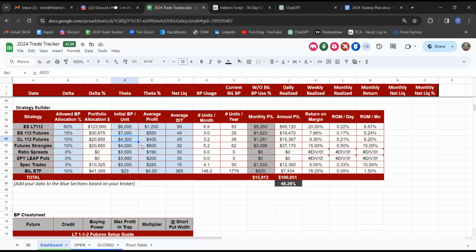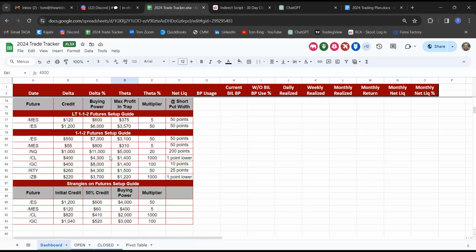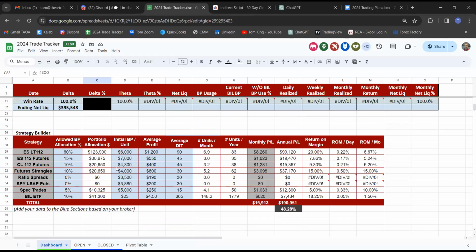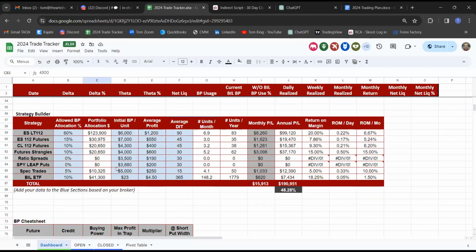Okay, so I'm taking 350 on 5,000. So I feel I'm pretty close. 350 instead of 400, and 5,000 versus 4,300. It seems to be right on the money. So when I'm looking at this, it's fitting exactly what I would be looking to do.